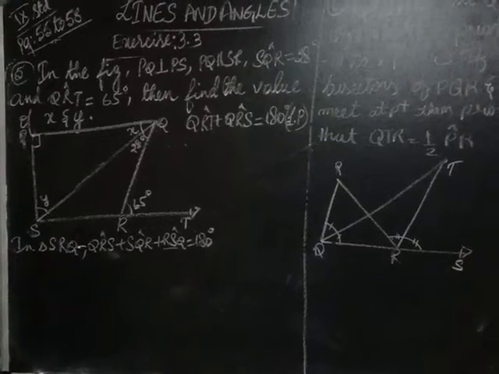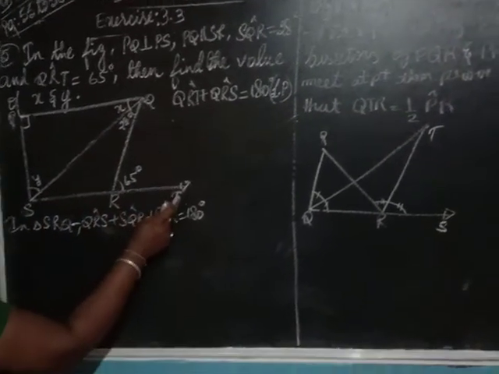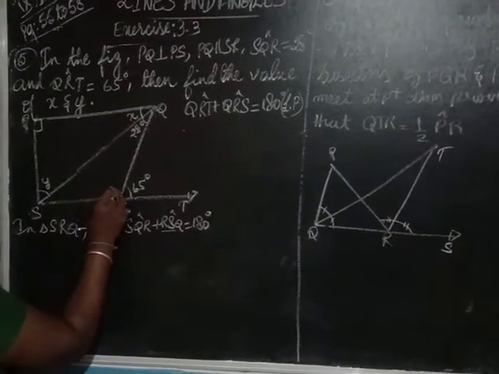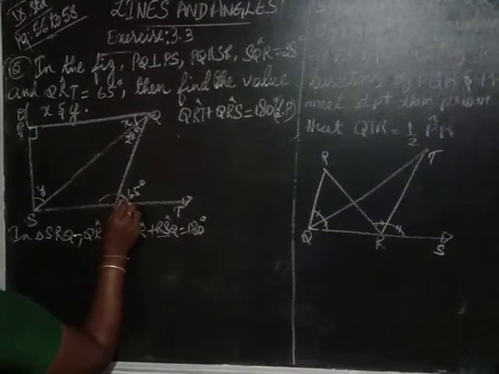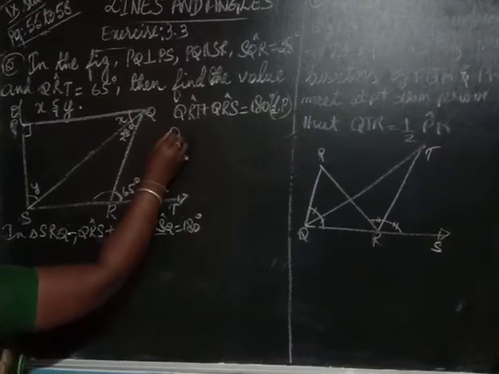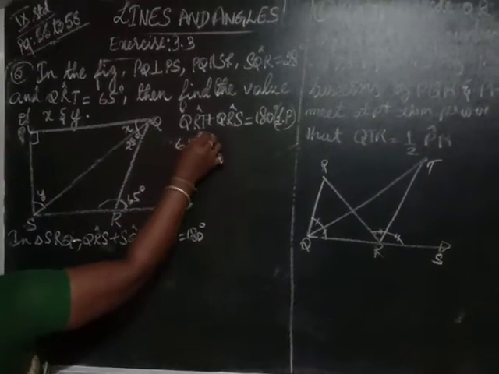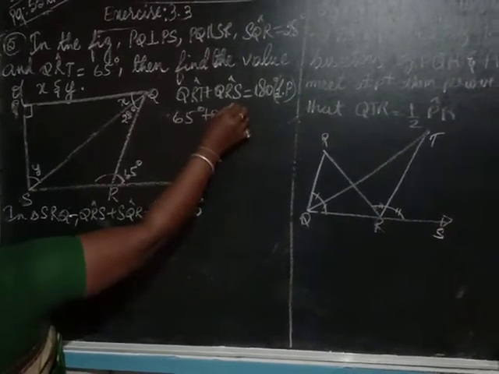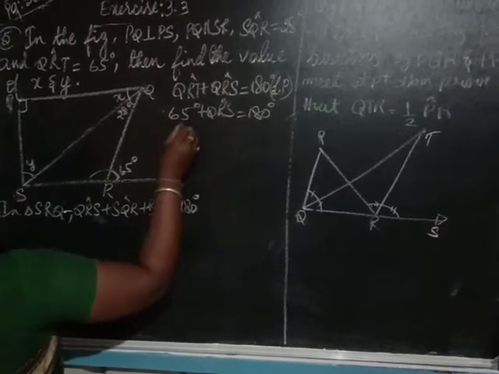Okay, now let us know that QRT plus QRS, the sum of these two, is equal to 180 since they form a linear pair. So now QRT is 65 degrees plus QRS is equal to 180 degrees.